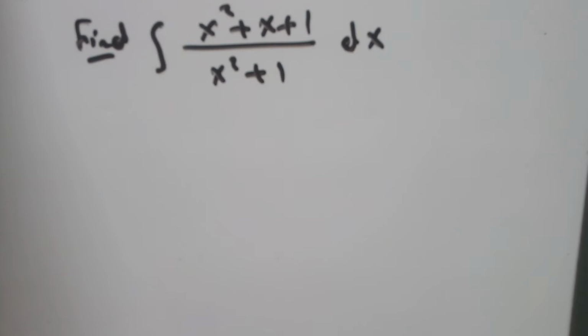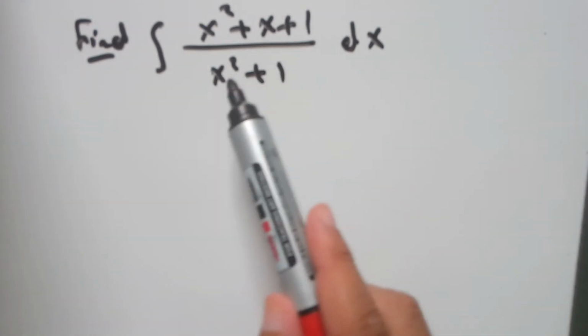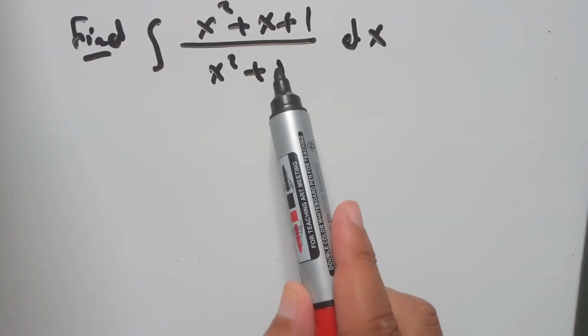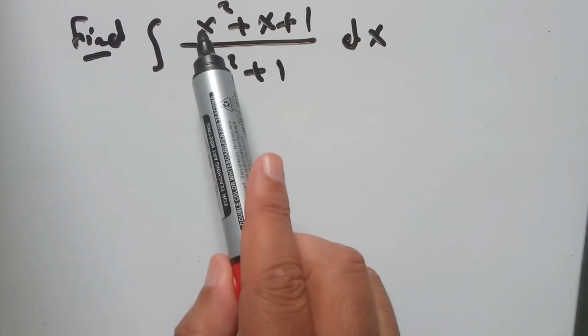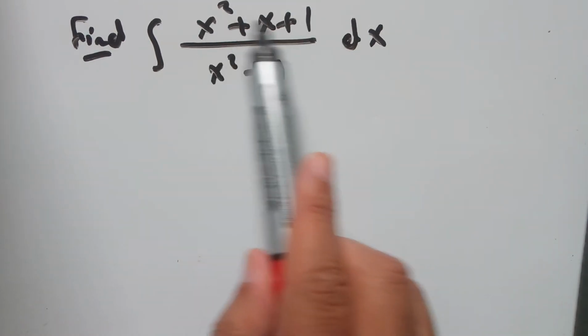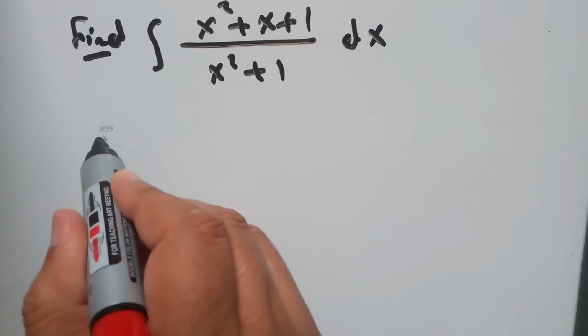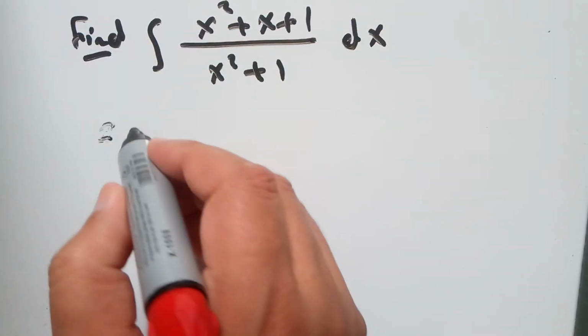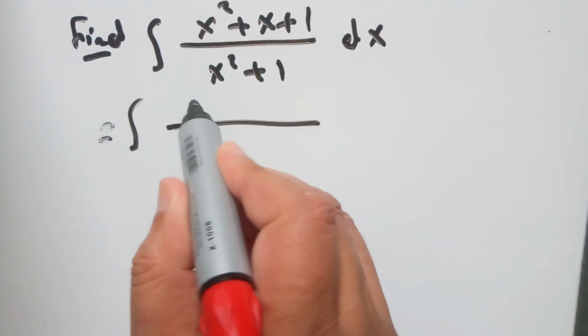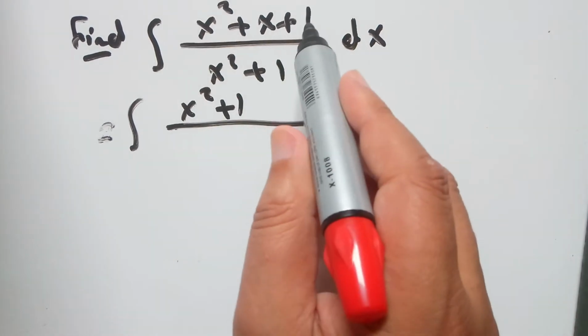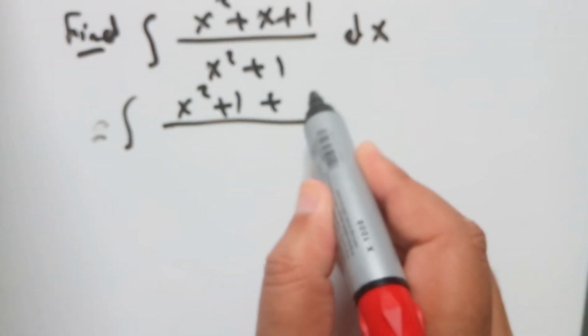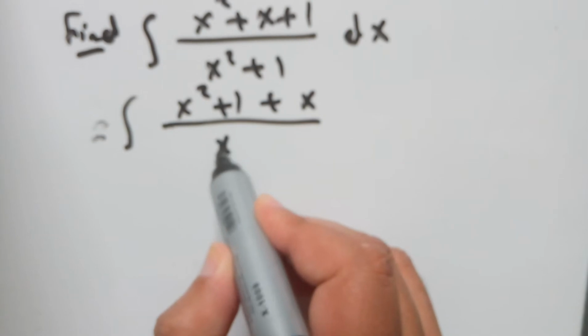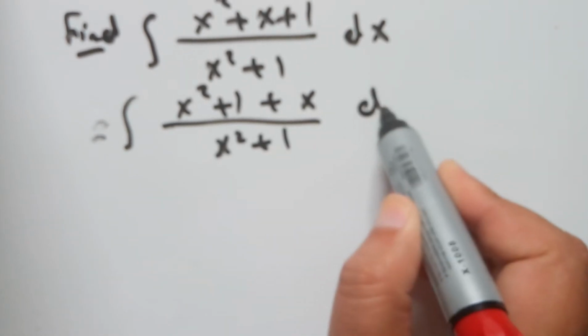But take care, or look at the given. You have x squared plus 1 down here and x squared plus 1 up. Then you can rewrite the given, like you can write x squared plus 1, this term with this term, plus x over x squared plus 1 dx.